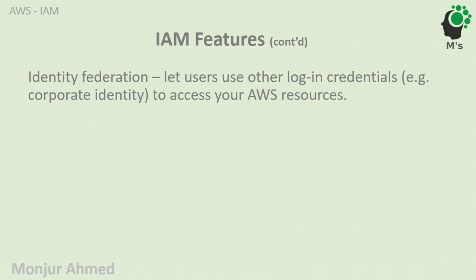So you can let them use their organizational username and password to log in and access your AWS resources, which is called identity federation, and that we can achieve by using IAM on our AWS resources.